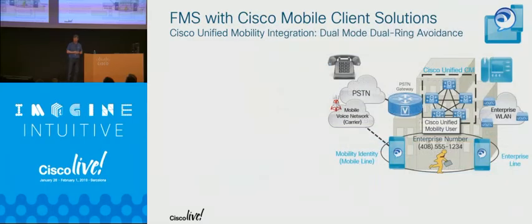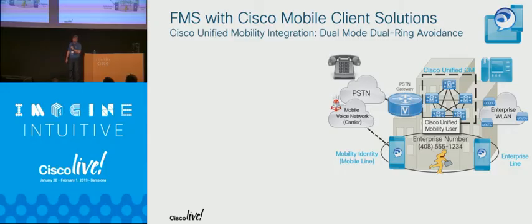So what is dual ring avoidance? Let's take a user who's been configured for unified mobility. They have Jabber, and they've also been configured for single number reach. So you can see up here I have a user with an enterprise number, and I have 2 instances. It's the same device configured as both a Jabber or mobile device, but also configured as an enterprise line.